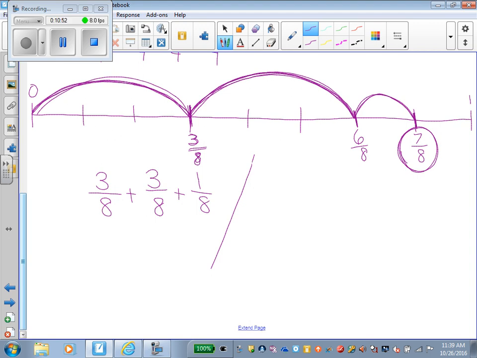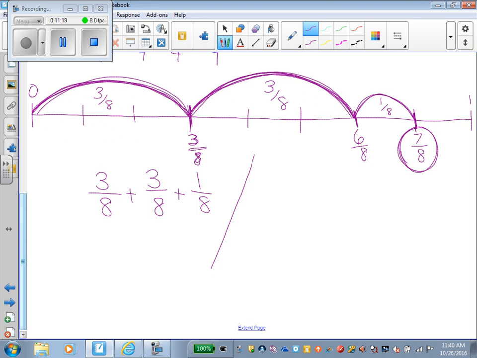No, 2 times 3/8 plus 1/8. All right, why 2? Why'd you change it to 2? Because you did 2 big jumps, and in each of the 2 big jumps there are 3 spaces. All right, 3 sections, 3/8.